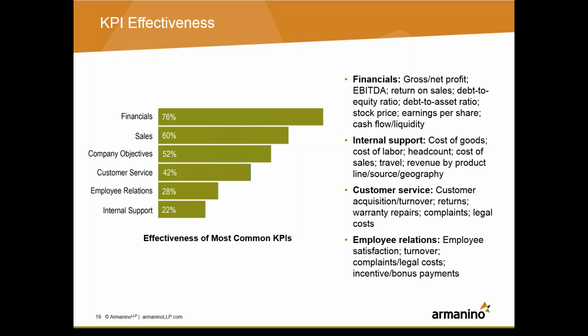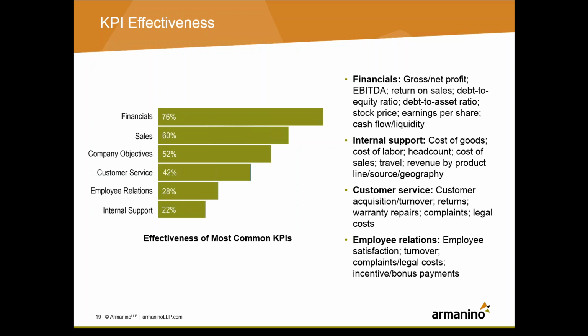So common KPIs that we're seeing for businesses include the financial metrics, obviously gross and net profit, return on sales, debt to equity, other balance sheet metrics, cash flow. Around internal and manufacturing, obviously cost of goods, cost of labor, headcount, cost of sales, travel, revenue by product, revenue by source, revenue by geo.